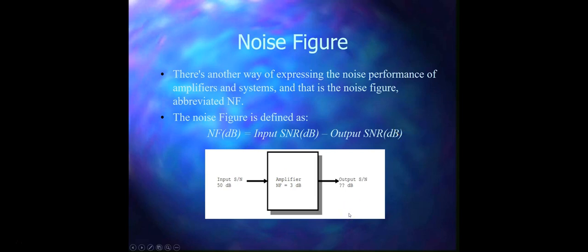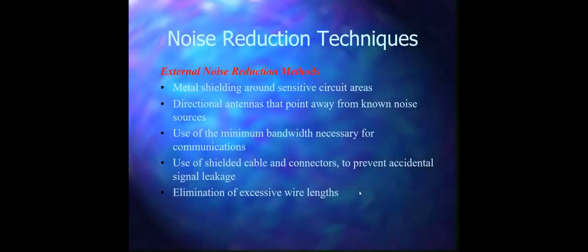For this particular case, it will come out to be 47 dB. An ideal or perfect amplifier will have a noise figure of 0 dB, which means that no additional noise is introduced, and therefore the output signal to noise ratio would be identical to that of the input.